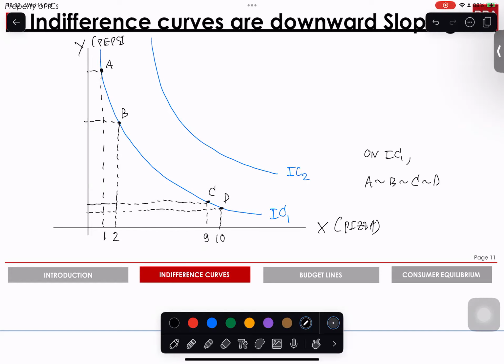That means A, B, C, D are indifferent. That means utility from A equals utility from B, utility from C, and utility from D. All baskets give the same level of satisfaction. That's what we can argue.